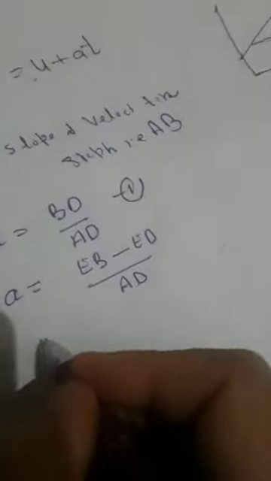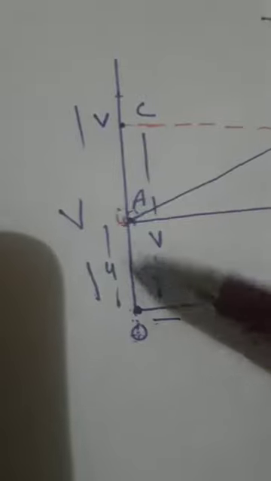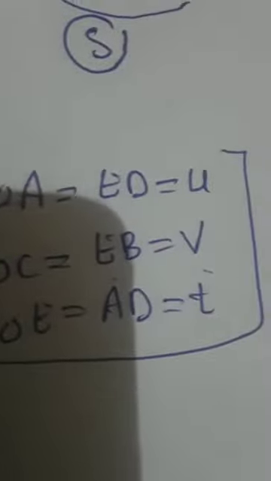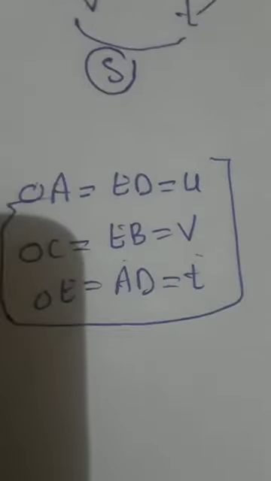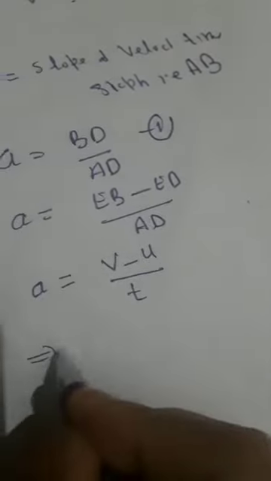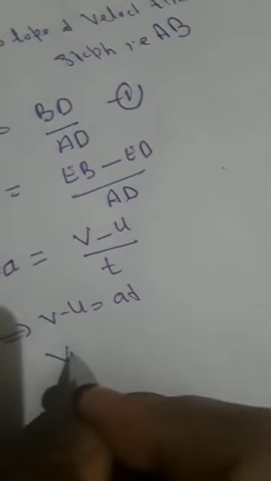I already told you EB is equal to OC, that is the final velocity V. ED is equal to OA is equal to U. So we have V minus U. AD is equal to OE, which is the time coordinate, T. Ultimately, if we solve this equation, we get v minus u is equal to at, so v is equal to u plus at.